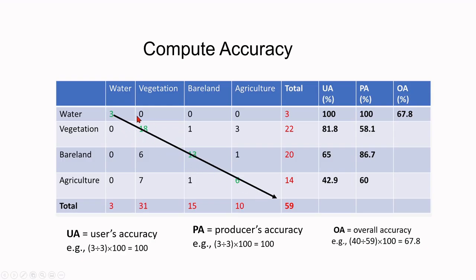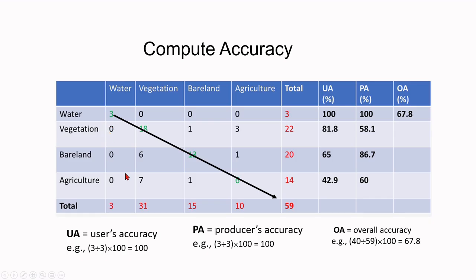Okay, so all the numbers outside the diagonal, the off diagonal values, they are all errors. Okay, so this is an error, this is an error, and that is an error, this is also an error, this is an error. So all the numbers outside this diagonal are errors. So what do I mean by that?